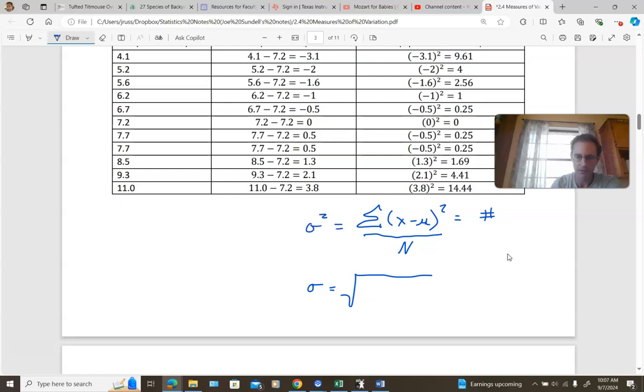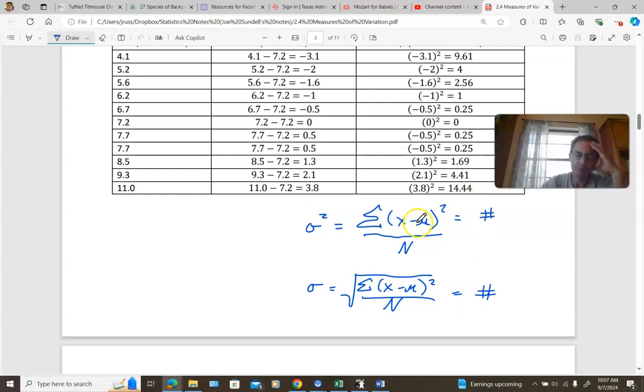So the variance, and then the square root of the variance is the standard deviation. You'd get another, smaller number, and if there's any variation in the data at all, it's going to be a positive number. All right, so that's how you would do it by hand.